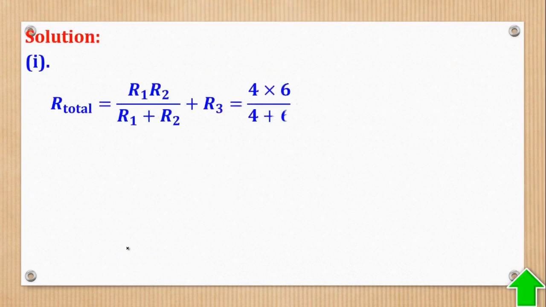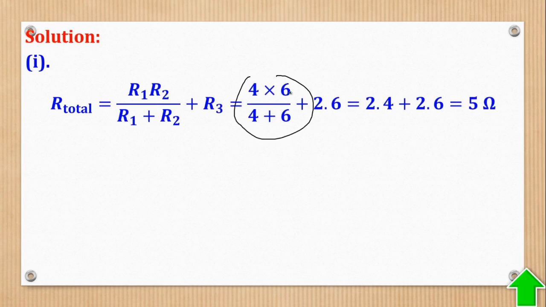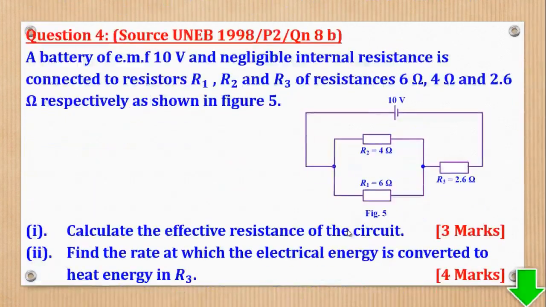So first, to get the total resistance, we first combine these ones in parallel, then they'll be in series with this one to give you 5 ohm. So it's somewhat similar to the one you have just done, only that in this one the power they want is no longer the one in the parallel combination. Here they want the power dissipated in R3.